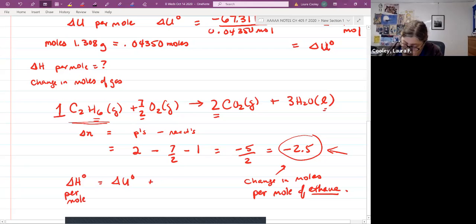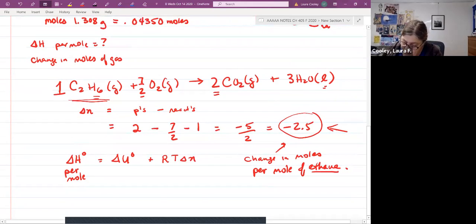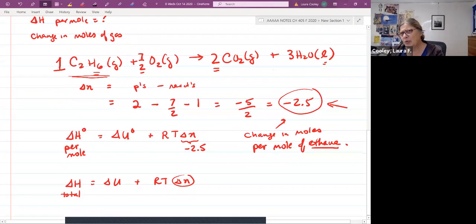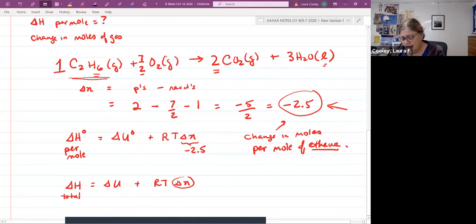Delta H equals delta U plus RT delta N. Look at this equation here, right? This is negative 2.5. But if I was going to try to relate the total delta H to the total delta U, it wouldn't be minus 2.5, would it? How would it be different? Yeah.